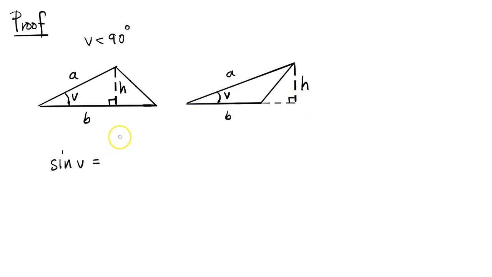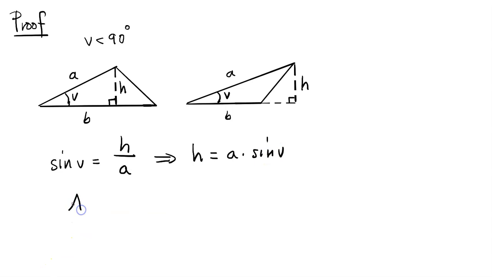So it's H divided by A here, and here it is also divided by A. So in both cases we have it like this. And here we could rewrite this as H is equal to A times sine of V.